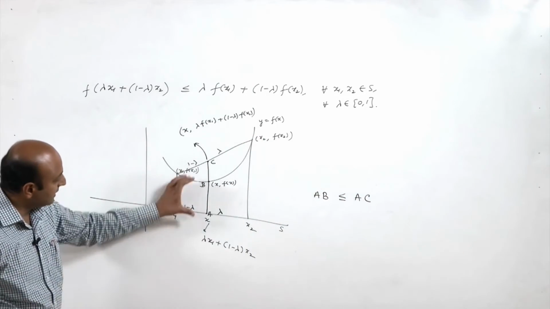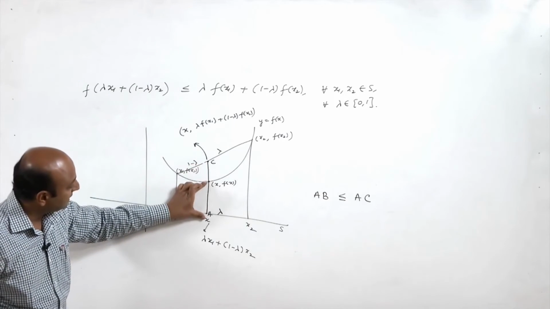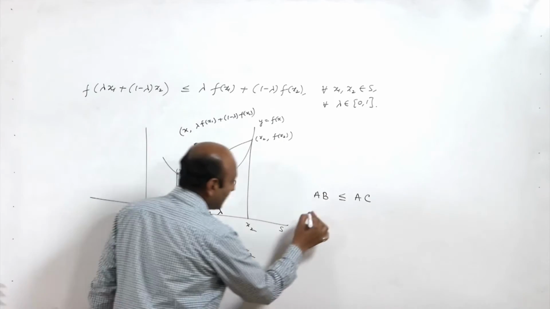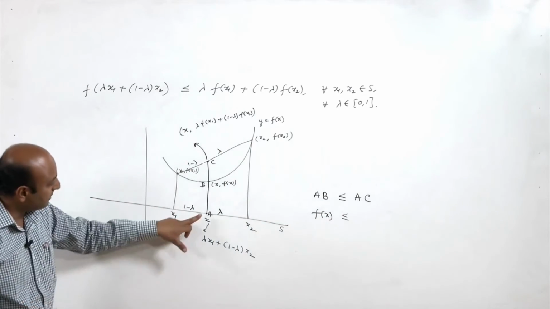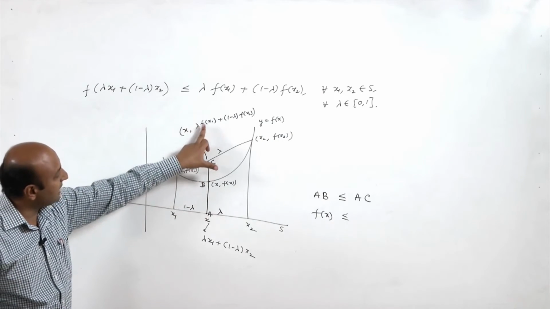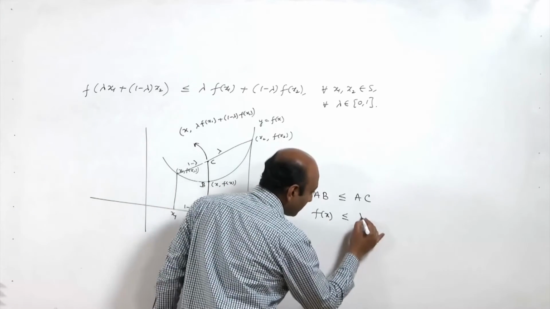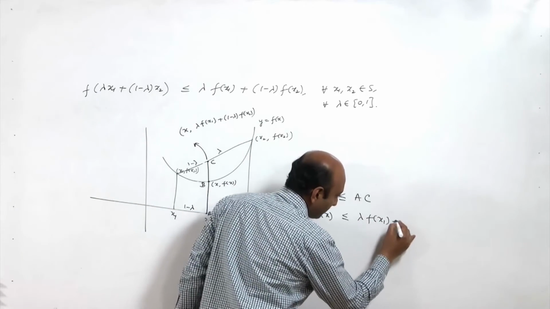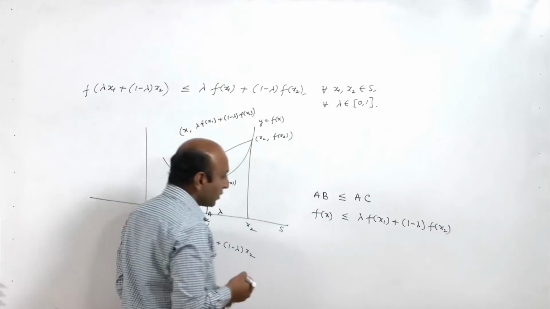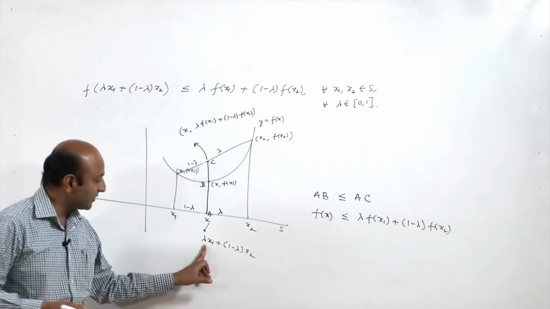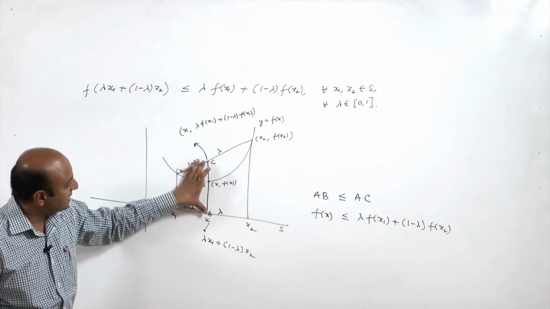Clear? Because this height is less than or equal to this height, and this is nothing but f x. So f of x is less than or equal to lambda f x1 plus 1 minus lambda f x2, and x is lambda x1 plus 1 minus lambda x2.